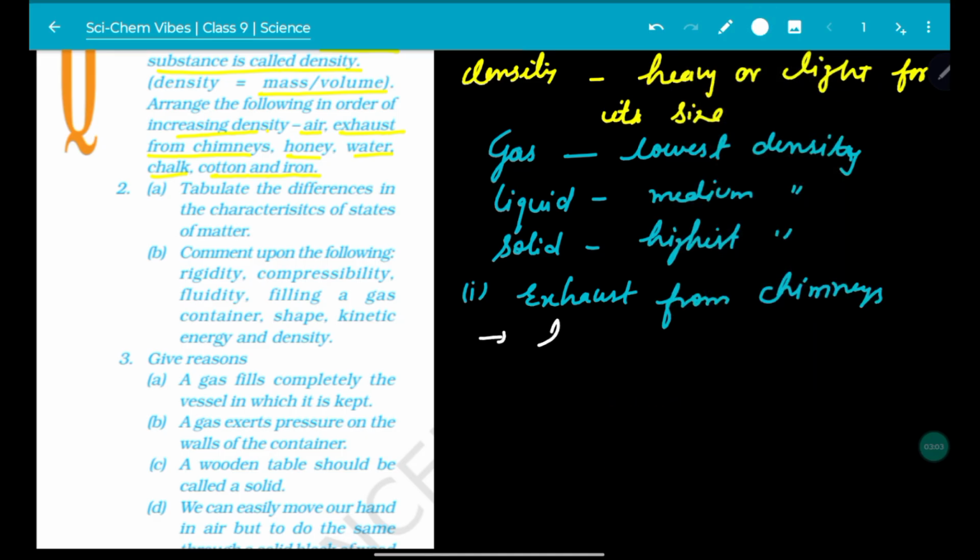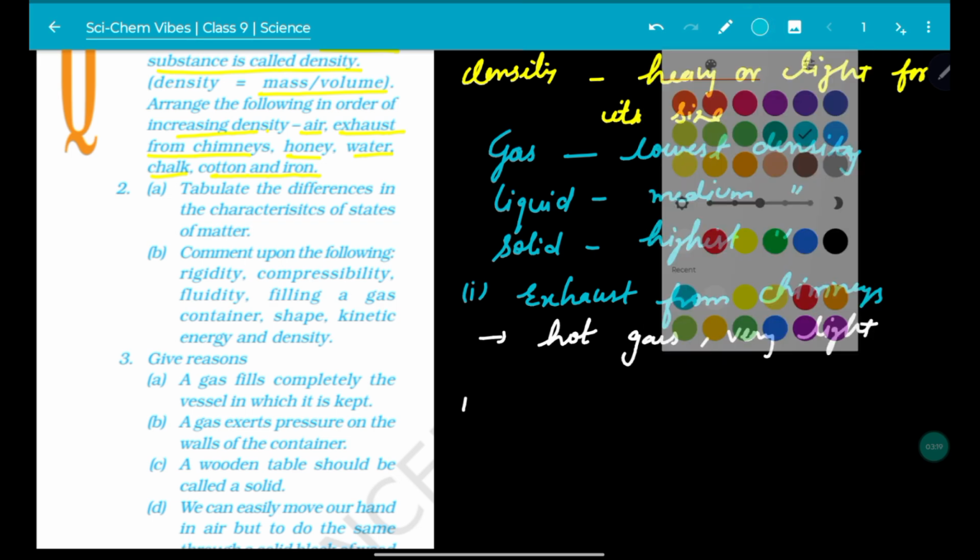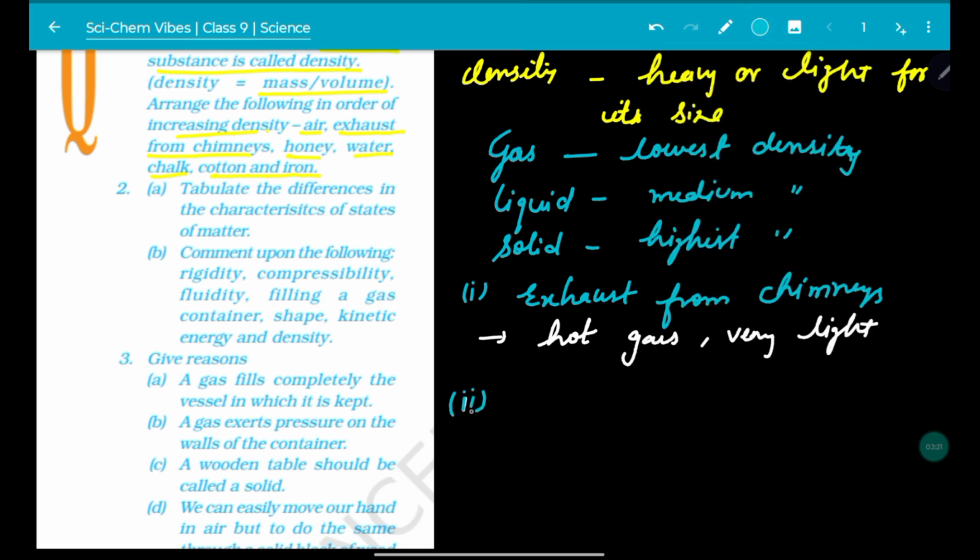It is a hot gas. Hot gases are very light, which means its density is very low. Number 2 is air. Air is a gas and has low density.